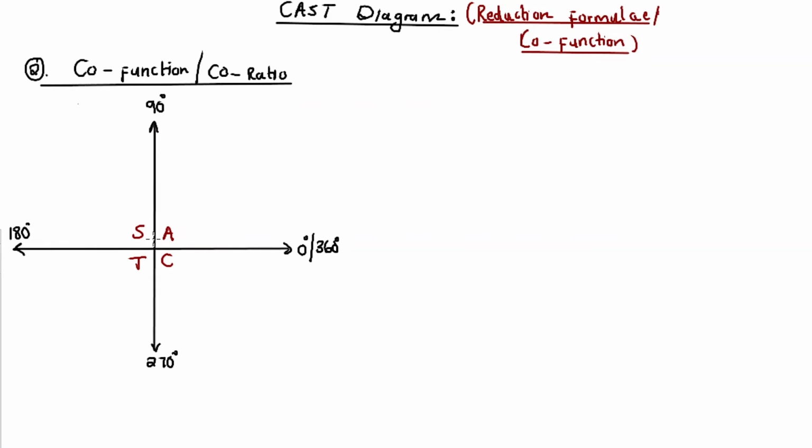Co-functions, you know what, I'm gonna try to explain this using a visual, or using a graph rather. So there's two formulas for co-functions. It's 90 degrees minus theta, first quadrant, and 90 degrees plus theta in the second quadrant. There's only two co-ratios or co-functions, right?